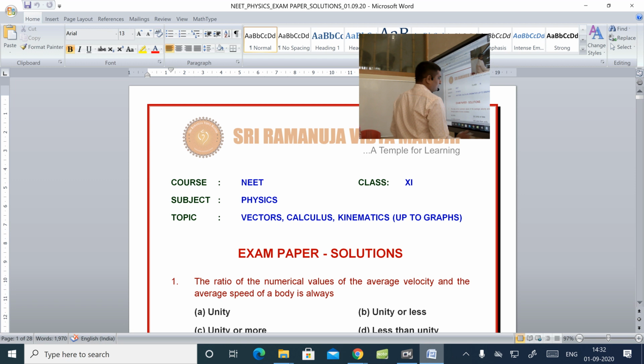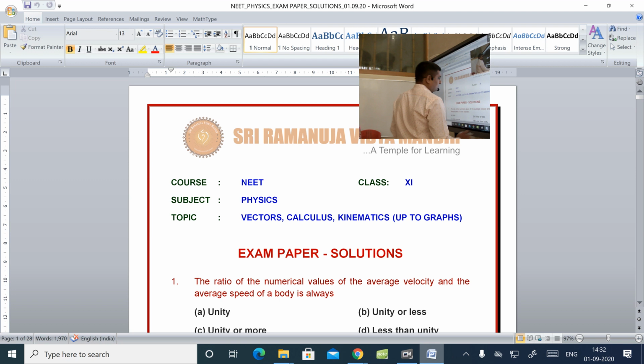So when you divide both sides by time, distance by time is speed, and displacement by time is velocity. So average speed is always greater than average velocity, okay, students. So always remember, distance is always greater than or equal to displacement.